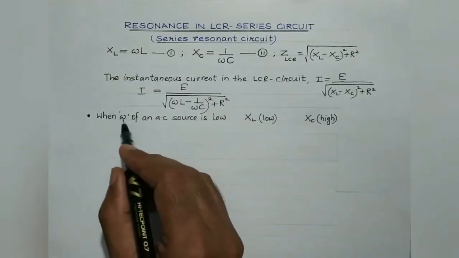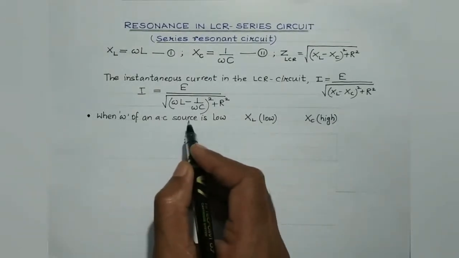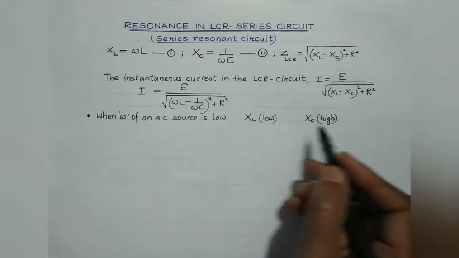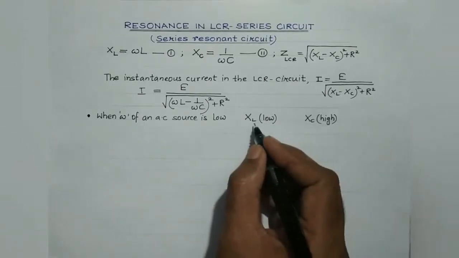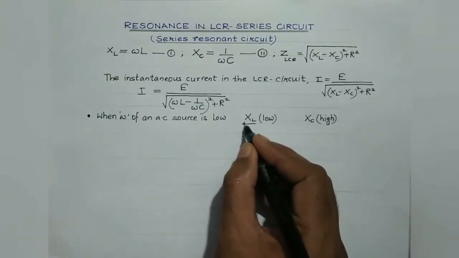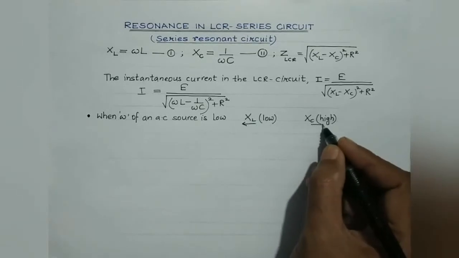So as the value of omega is low, XL will be low, XC will be very high. Suppose this indicates low and this indicates high value.